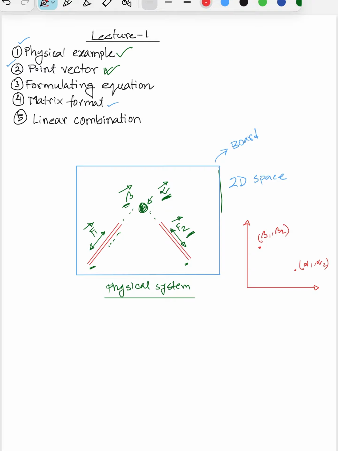Similarly, if only F2 works on the system and nothing else works, or F1 is 0 or everything is stationary, then the displacement of this ball because of this force is beta, and the final position is beta 1, beta 2.